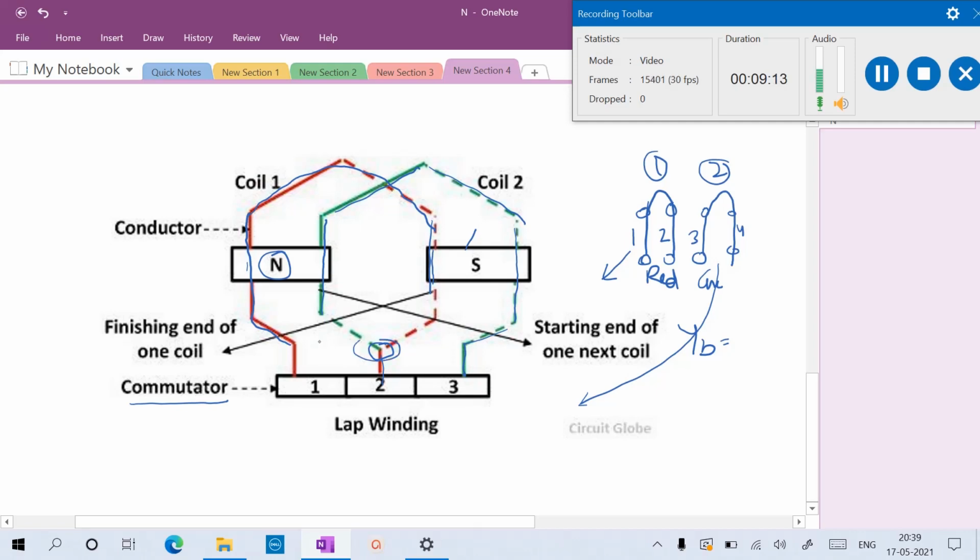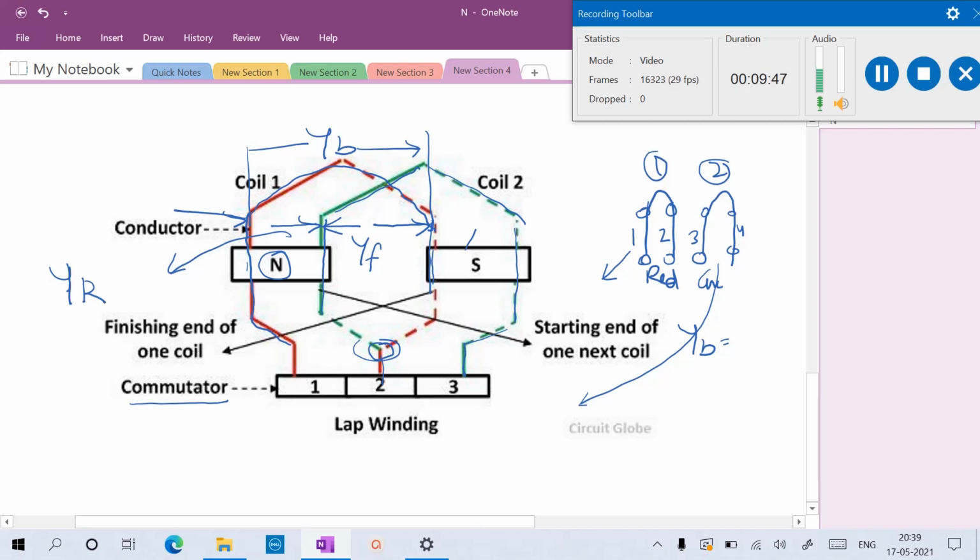From these two we can say this is a back pitch. Now these two, this is a front pitch. The start of the first coil and the start of the second coil give the resultant pitch.